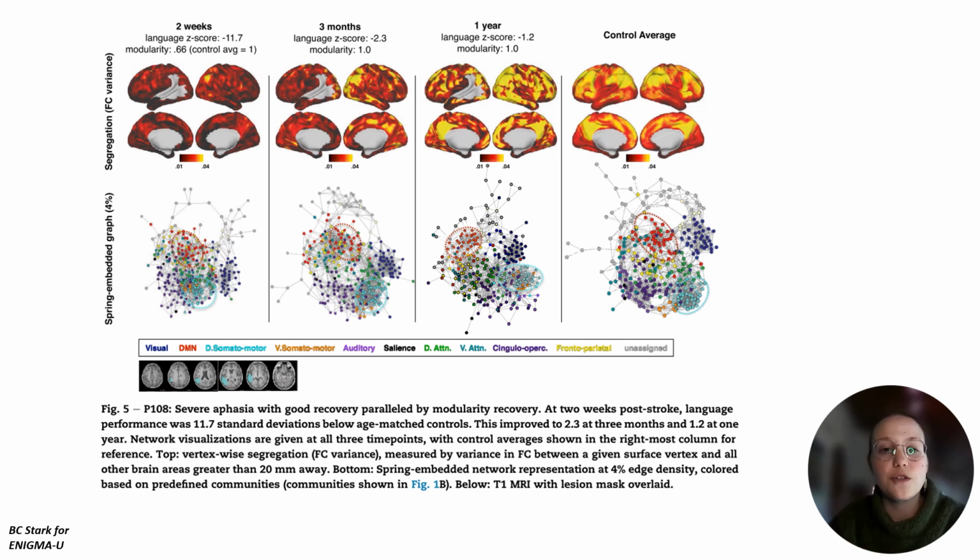So this group demonstrated in a relatively large proportion of stroke individuals. Not everyone had aphasia, by the way. This is stroke in general. You can see that they're looking at a variety of brain networks down here. So it's not just looking at things related to language. But over time, individuals who tended to make a better overall recovery after stroke tended to be the ones whose brain networks became more modular over time.